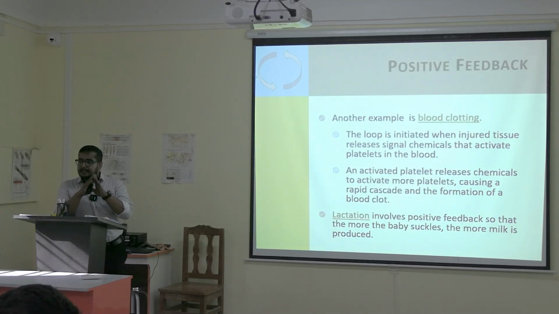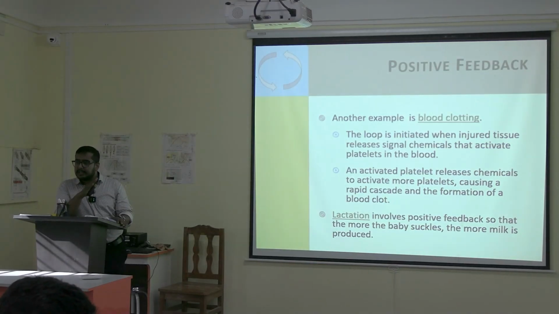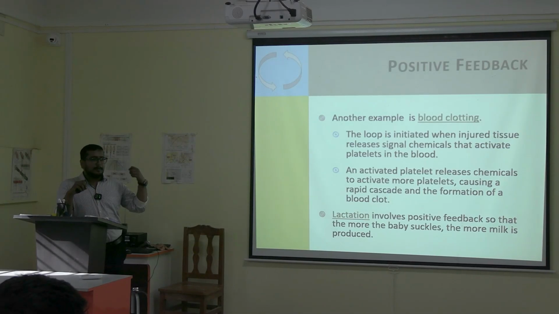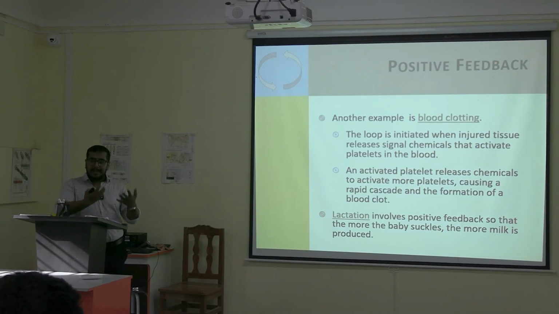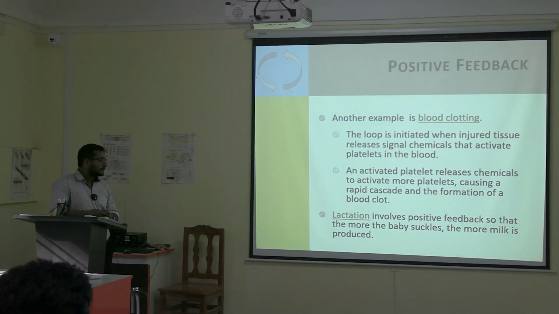Blood clotting in itself is a broad topic. There are coagulation cascades, anticoagulating factors, coagulating factors. There are so many. But all of you must know that it's also a positive feedback mechanism. Once there is a cut or an injured tissue, the platelets attract more platelets to come and release the clotting factors to stop the bleeding.